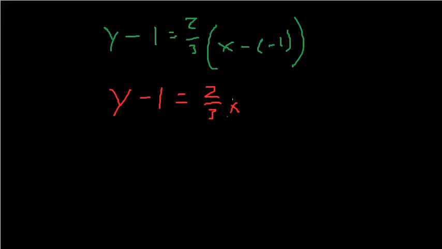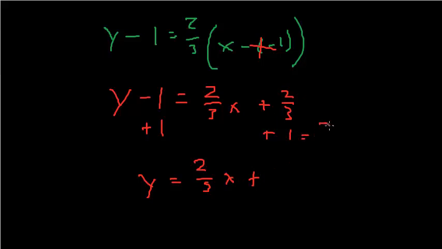And then here this is minus a negative 1, this is a positive 1. So 2/3 times that positive 1 is plus 2/3. Then again, I'm solving for y, so I need to add 1 to both sides. I'll make sure to line it up with its like term, and I have y equals 2/3 x plus 2/3 plus 1, and 1 is the same as 3 over 3, so that we have that common denominator, giving me 5/3.